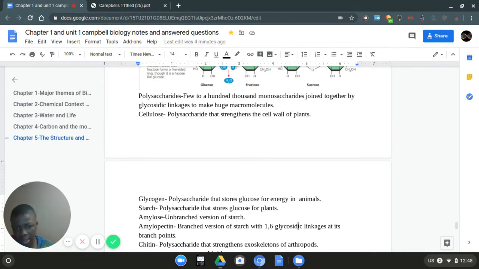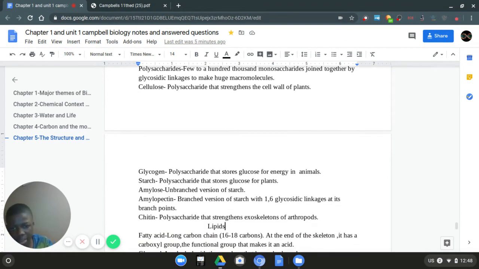So amylopectin is branched, amylose is unbranched, and 1 to 6 glycosidic linkages. Like I said, memorize that. It's not really a big deal. Just memorize it. Sometimes it just stays in your head. And then chitin is basically the polysaccharide for the exoskeletons of arthropods. Arthropods are like insects, so we'll get to that in the animal unit, but it doesn't really matter.